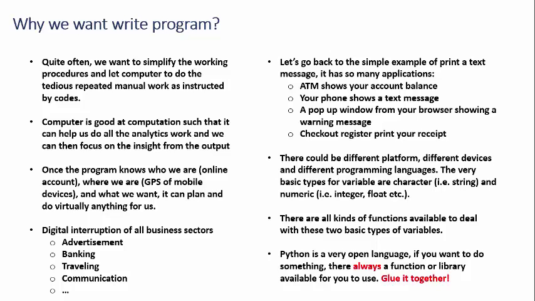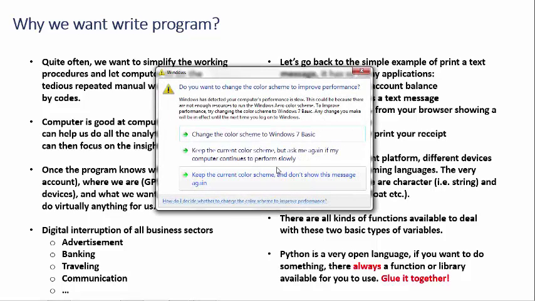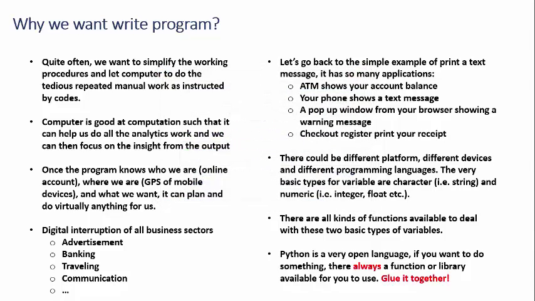Okay, let's go back to the simple example of printing a text message that we saw on the last page. Even though it is as simple as printing a message out, it already has a lot of applications.